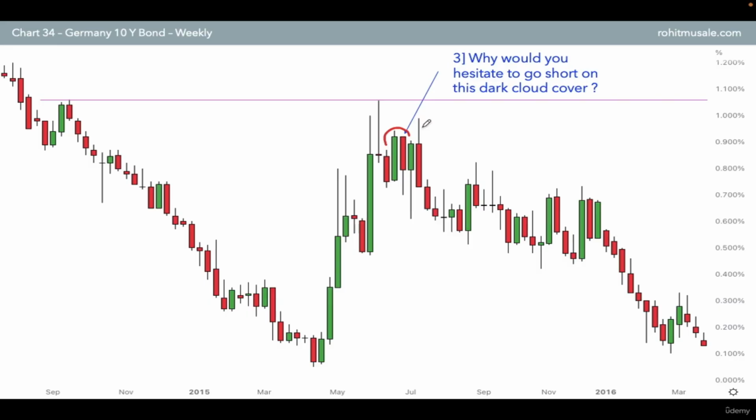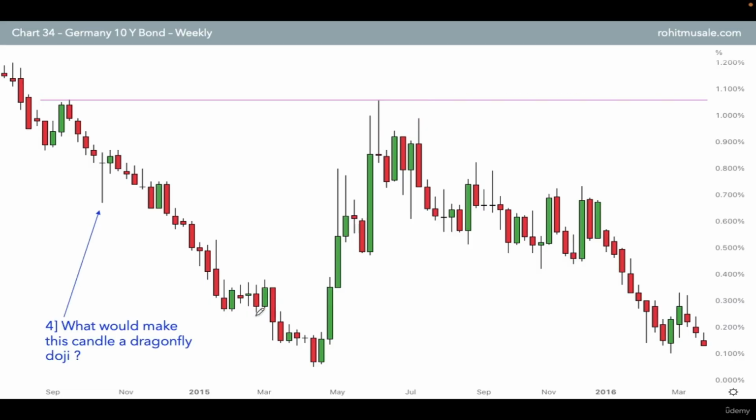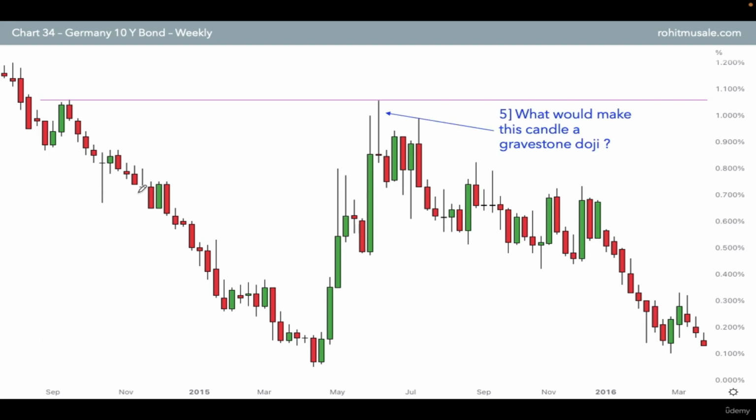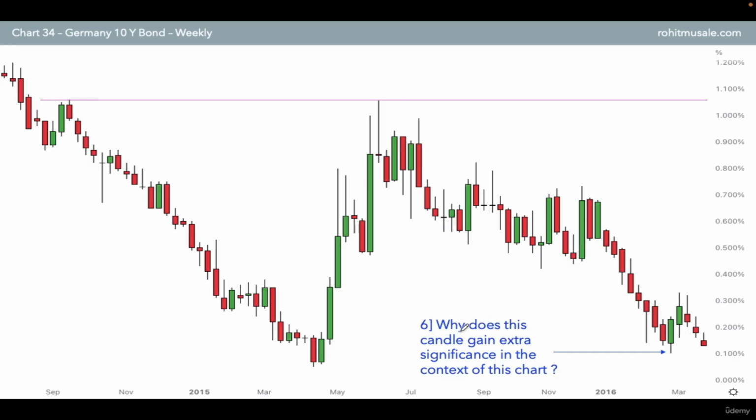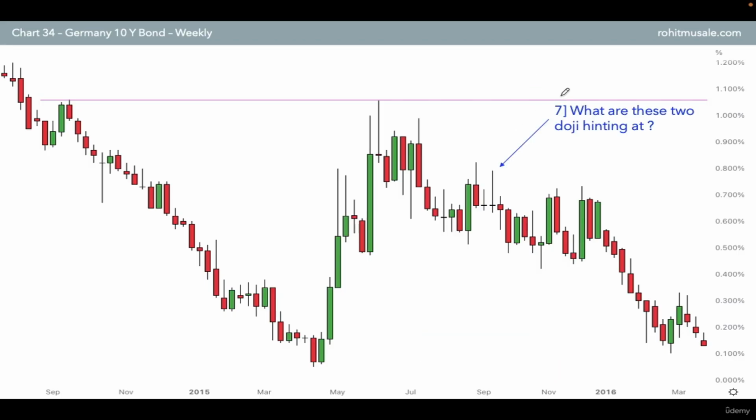So this one. Number 4, what would make this candle a dragonfly doji? This one. Number 5, what would make this candle a gravestone doji? This one. Number 6, why does this candle gain extra significance in the context of this chart? This green candle. Number 7, what are these two doji hinting at? So these two.